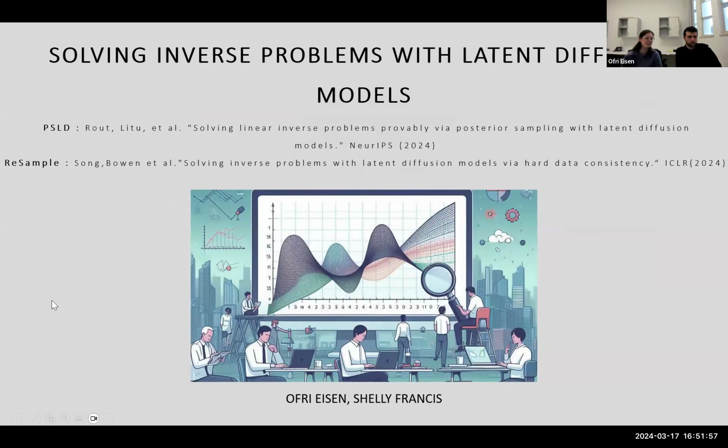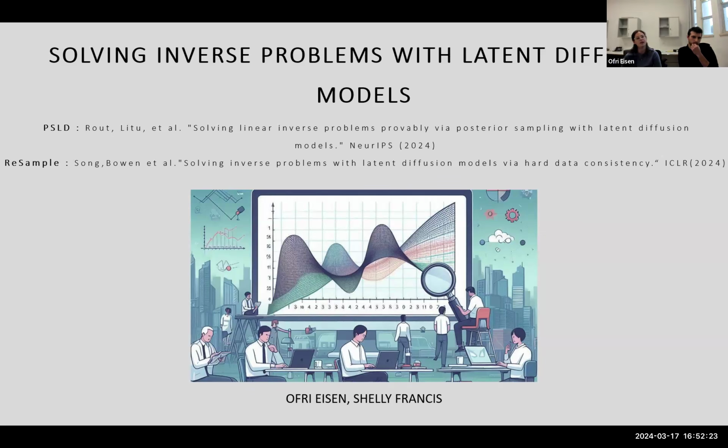Okay, hi everyone. My name is Shelly, and this is Ofri with an I. Today we'll present two papers that focus on solving inverse problems with latent diffusion models. The first paper proposed an algorithm called PSLD, and the second paper proposed an algorithm called ReSample.